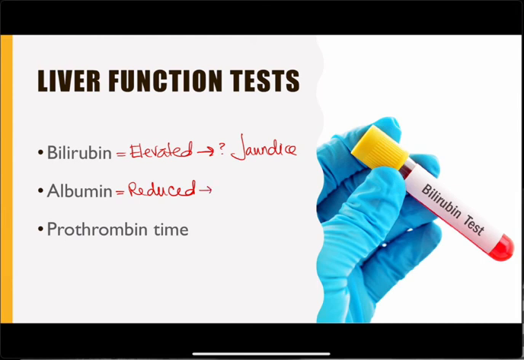What do you expect this patient to look like if they have low albumin? Albumin is the primary determinant of plasma oncotic pressure. So if this is low, you're expecting fluid to be leaking out of capillaries, so maybe some ascites, some peripheral edema.